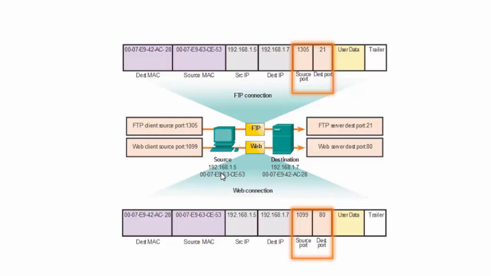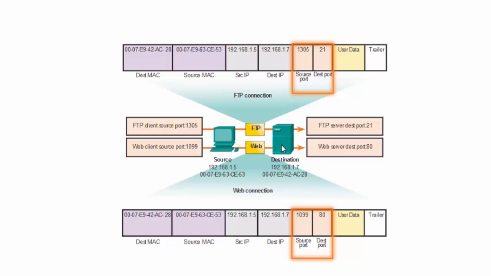So this example is very important because it shows us the purpose of each addressing in all the layers that we have talked about. So we have addressing from the MAC layer, we have addressing from the IP layer, and we have addressing in the transport layer. If we assume that we have a source which has this IP address and this MAC address, and it wants to connect to a destination which is running some servers.